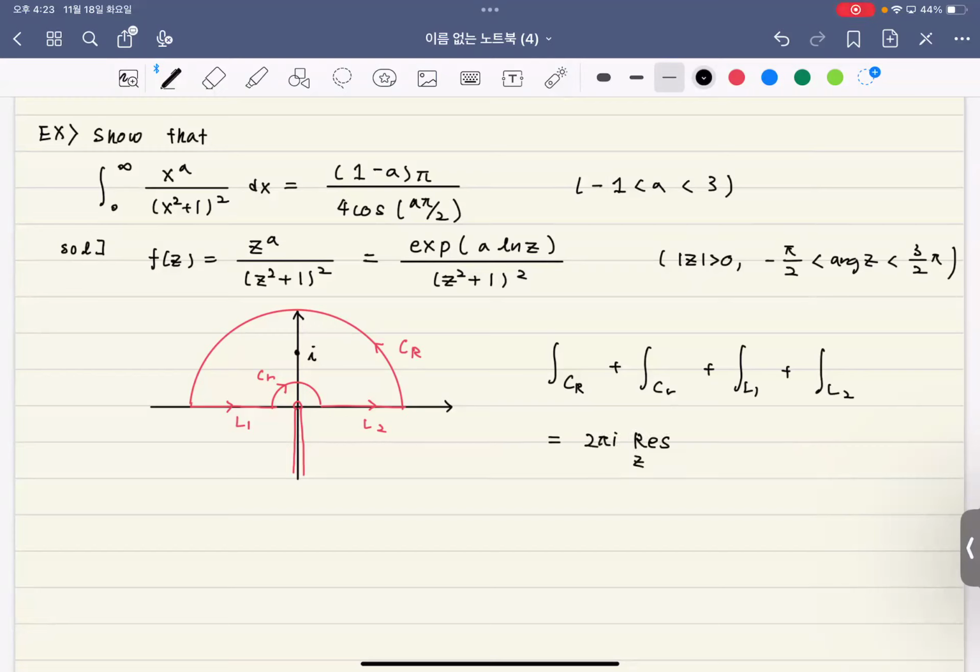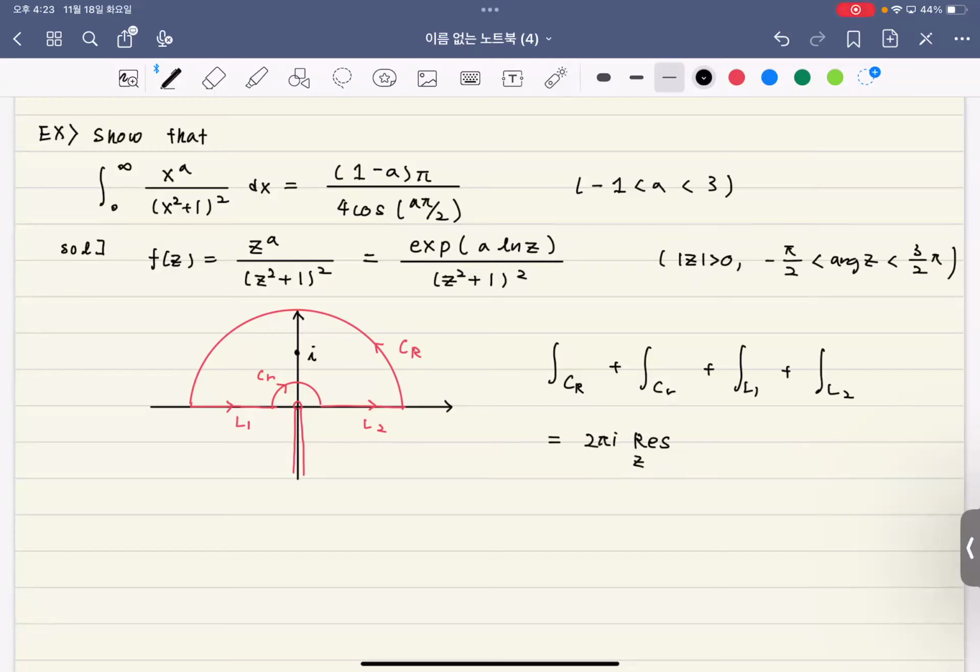Now, on this larger semicircle C_R, the modulus of z to the a is clearly the modulus of exponential of a times ln z.